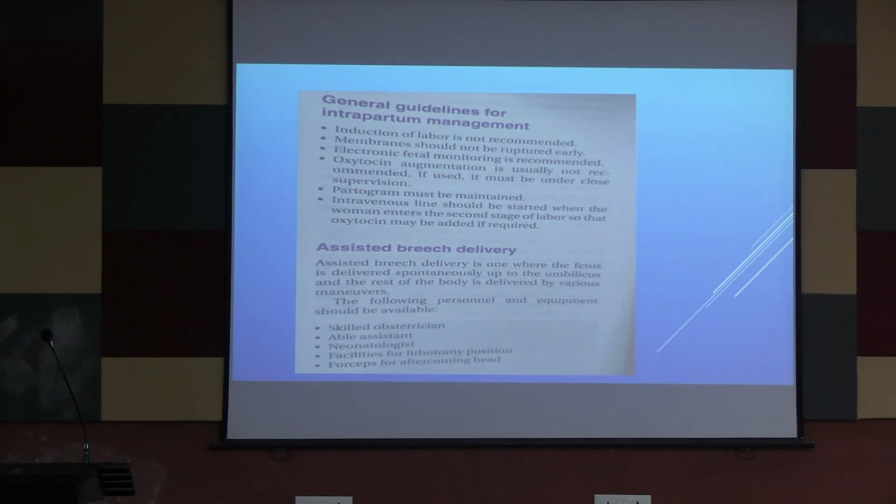So the baby is spontaneously delivered up to the umbilicus. After that, you examine the baby and palpate the umbilical cord. If pulsation is good, then pull down a slight portion of the cord so that abnormal tension or compression cannot occur.